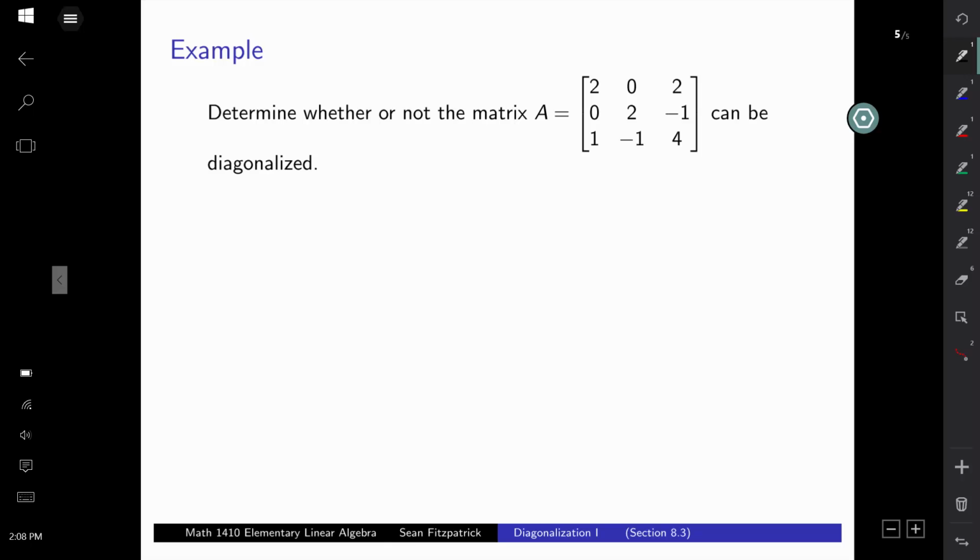Okay. So as a quick example, let's say we want to determine whether or not this matrix can be diagonalized. The chances are we're going to apply this previous result, but in order to apply it, the first thing I've got to do is find the eigenvalues. So let's see, what does the characteristic polynomial look like?